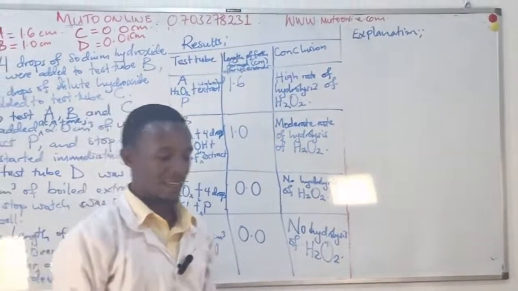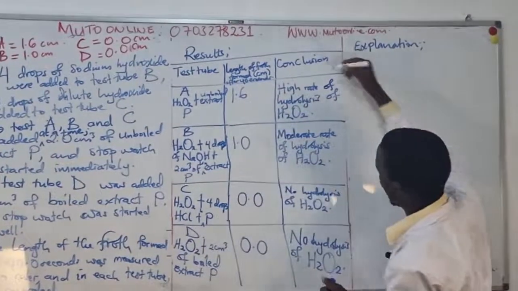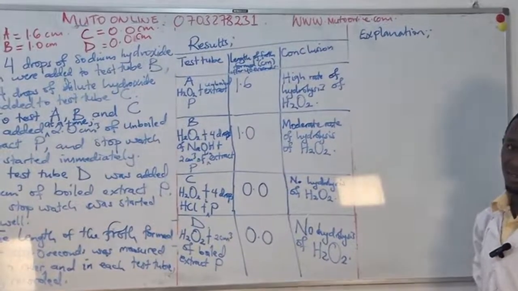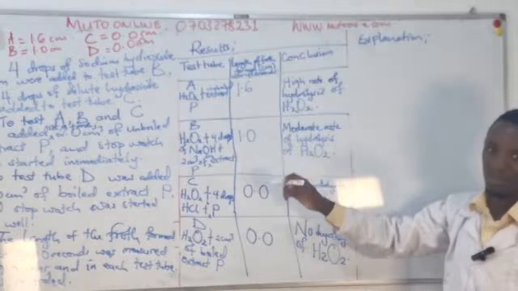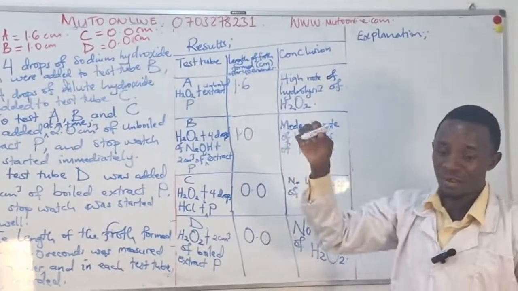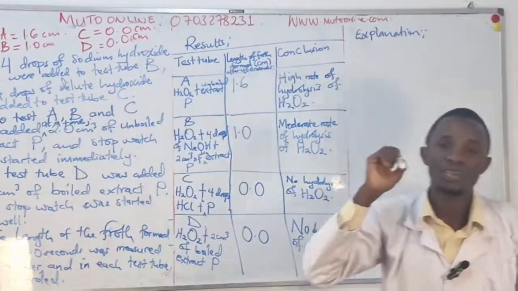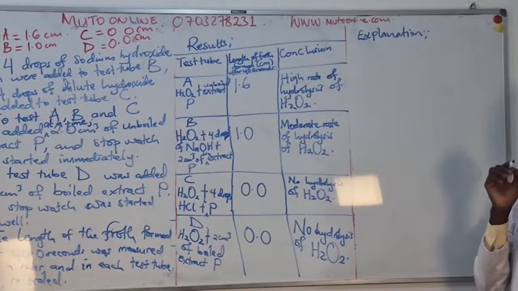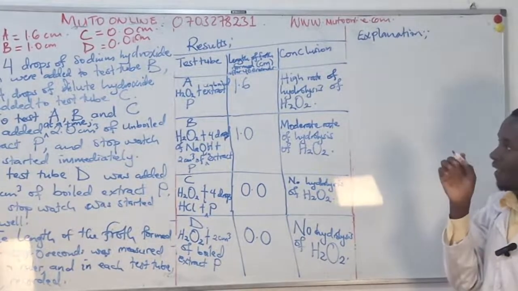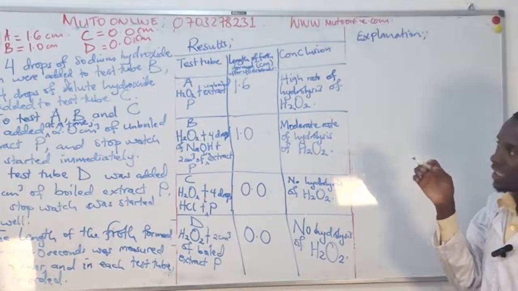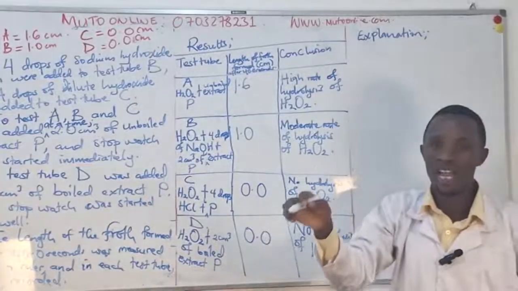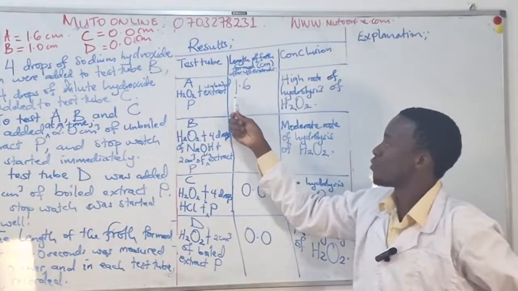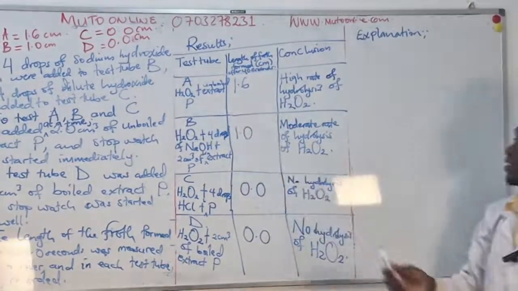This is an indication that the active substance in P is more active in neutral pH because we didn't bring in anything that was altering the pH of the extract, and hydrogen peroxide is more active in neutral pH, hence catalyzing a very fast rate of hydrolysis of this hydrogen peroxide so as to give more bubbles that forms a longer froth.